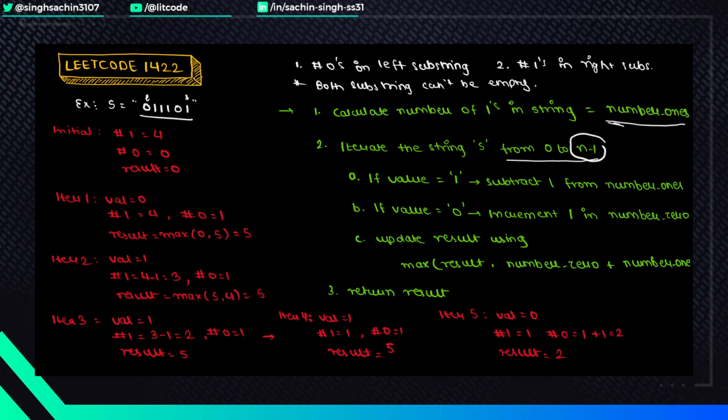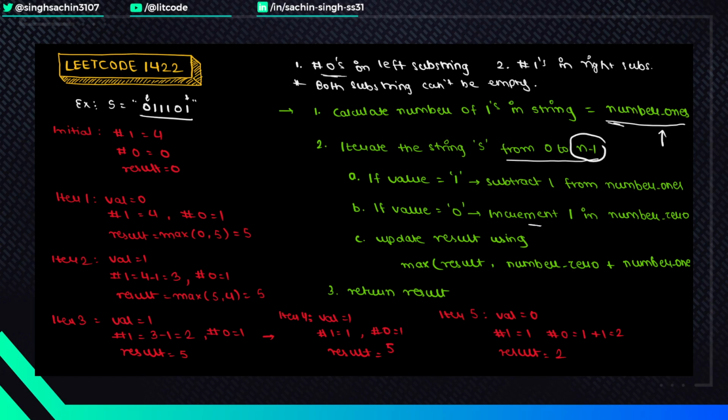Now for each value, if the value is 1, we will subtract 1 from number_ones, basically the number of ones in the string, because that value is in the left substring now, and we don't have to consider ones in the left substring. We just have to check for the number of zeros in the left substring. Or if the value is 0, we'll add 1 to the number of zeros.